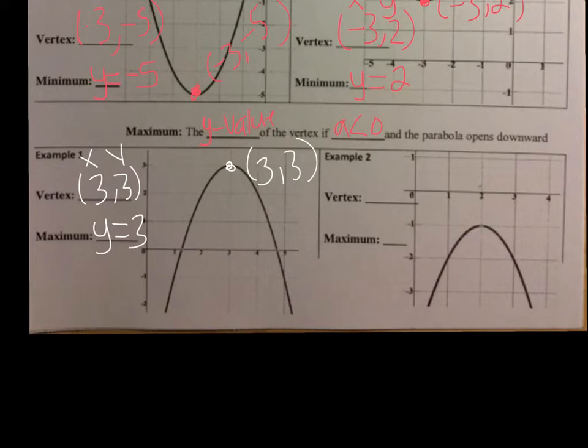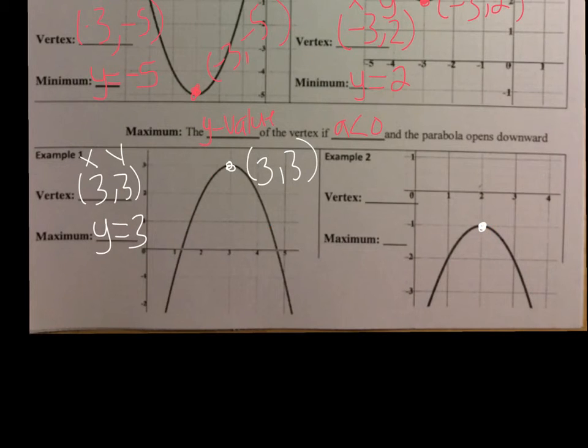Alright, so example 2. Again, our parabola is opening downwards. Since it's opening downwards, we will have a maximum point at the peak of the parabola. So for example 2, the vertex would be at the peak, which is right here. The vertex would be going over 2 in the x value, going down 1 in the y value.